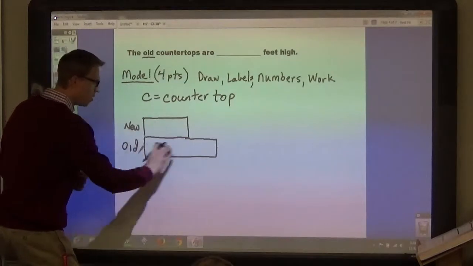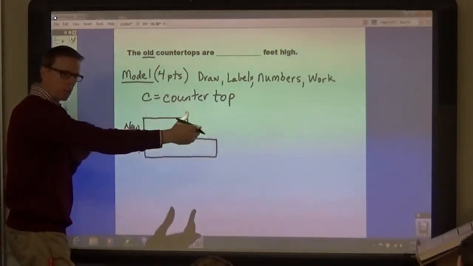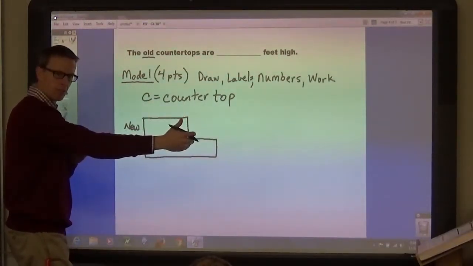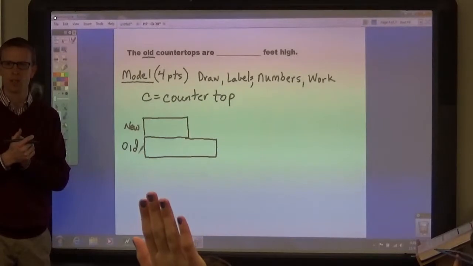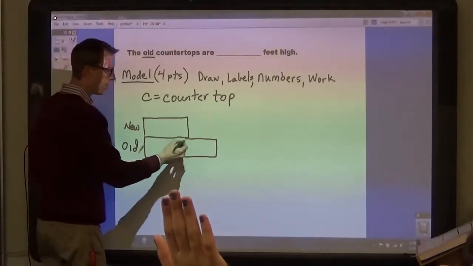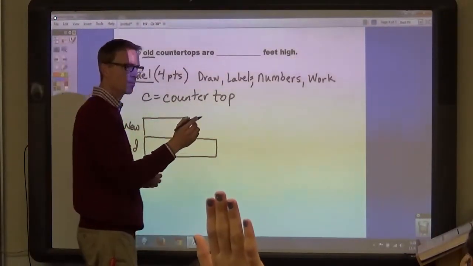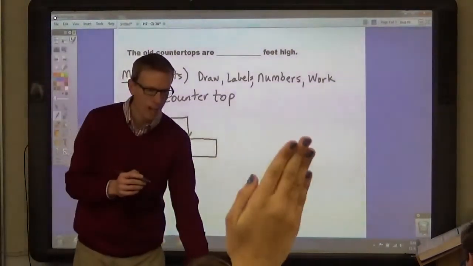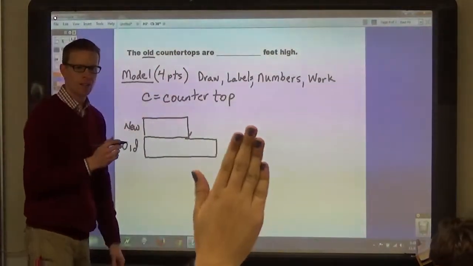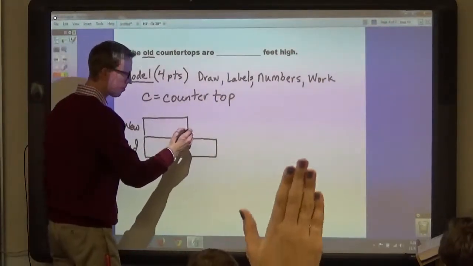So we'll draw a bigger box to represent the older ones. And how much bigger? How much bigger are they? Look at the numbers. Let's go back in the problem. What is it, Michael? 0.75.